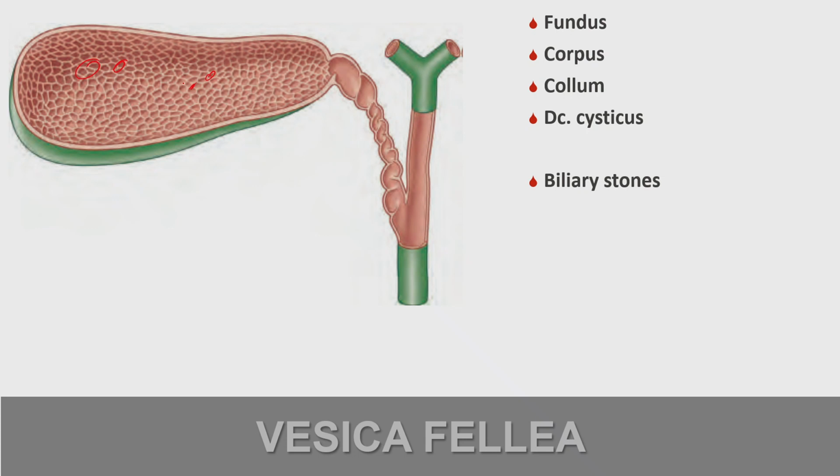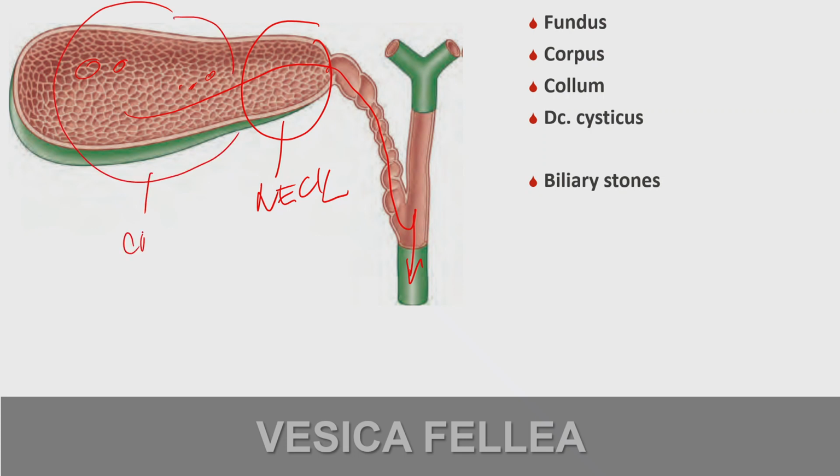Mucosa has this reticular formation, and then from the sac, the bile could be ejected backwards to the hepatic, to the choledochus. So it has a column, neck, trunk or corpus, and a fundus.